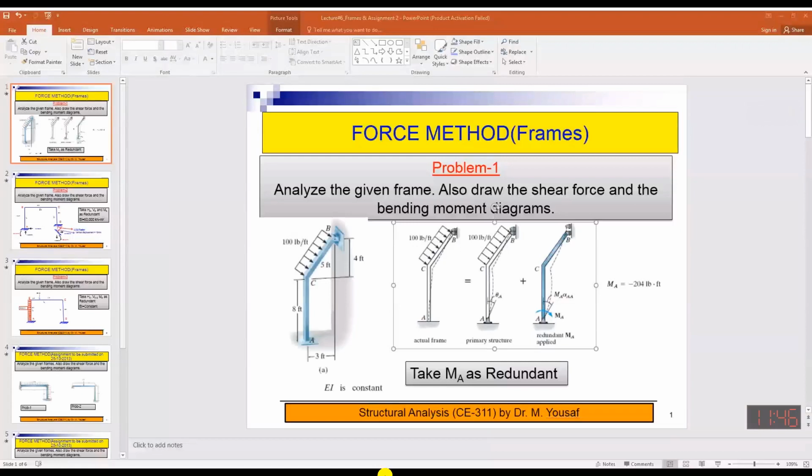Now this is an inclined member. Now at this moment you must know about the local and global coordinate system. Do you know it?